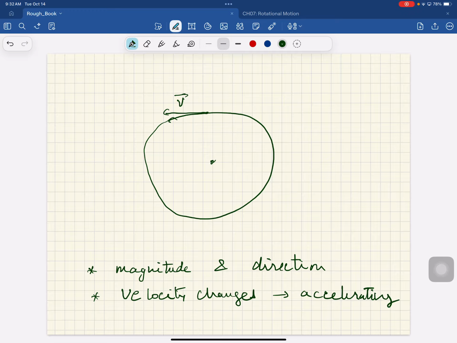So velocity is a quantity that has magnitude and direction. When velocity changes, you're accelerating. And if you're accelerating, there must be a force acting. Forces make you accelerate. That's Newton's second law. So we'll see where the forces come from in all the applications.